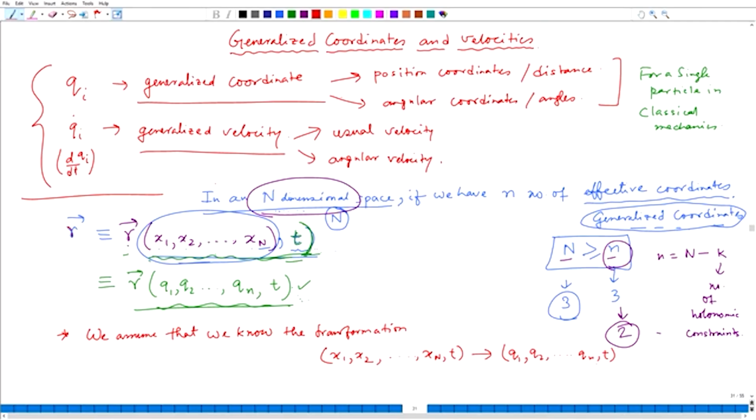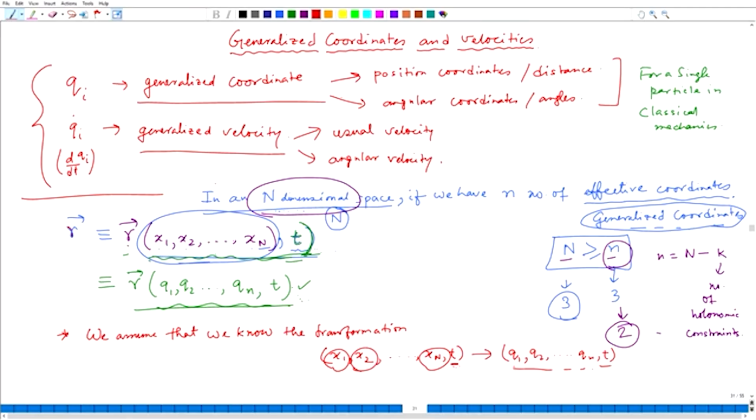That means that each of the xi's will be represented as a combination of qi's and t.